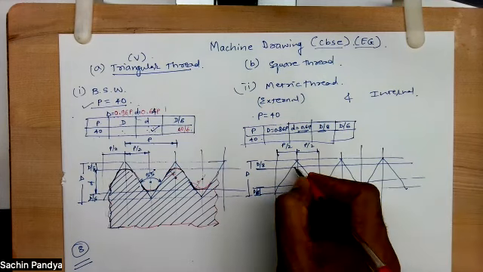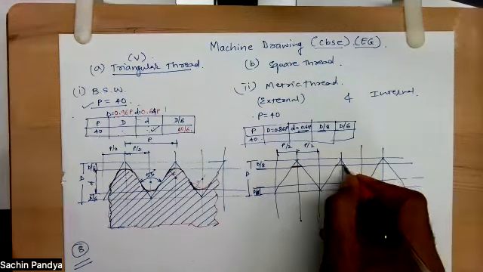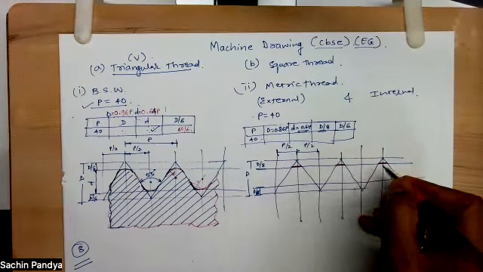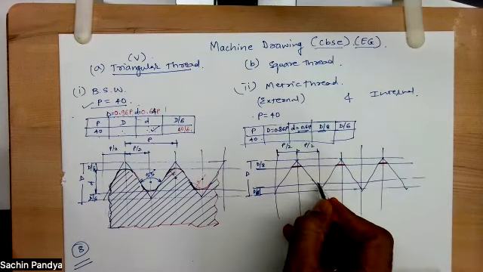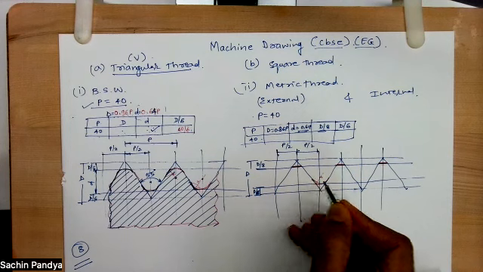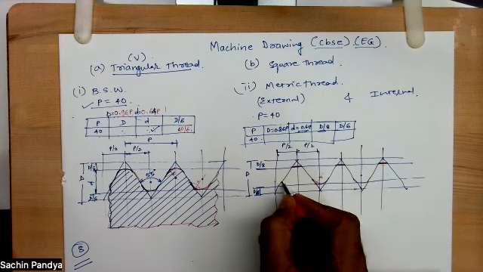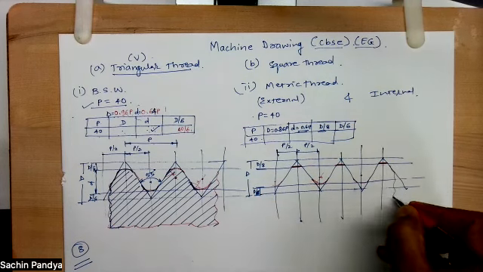Got it? Now in this external one, what will happen? The sharp one will be at the top. This is sharp, no? And over here you'll have a curve. Now this curve, how will you get it? You bisect this angle. You'll get a point from there, you can draw the curve. Then you can transfer that point. Got it? Now this is up to me, I can break from anywhere.